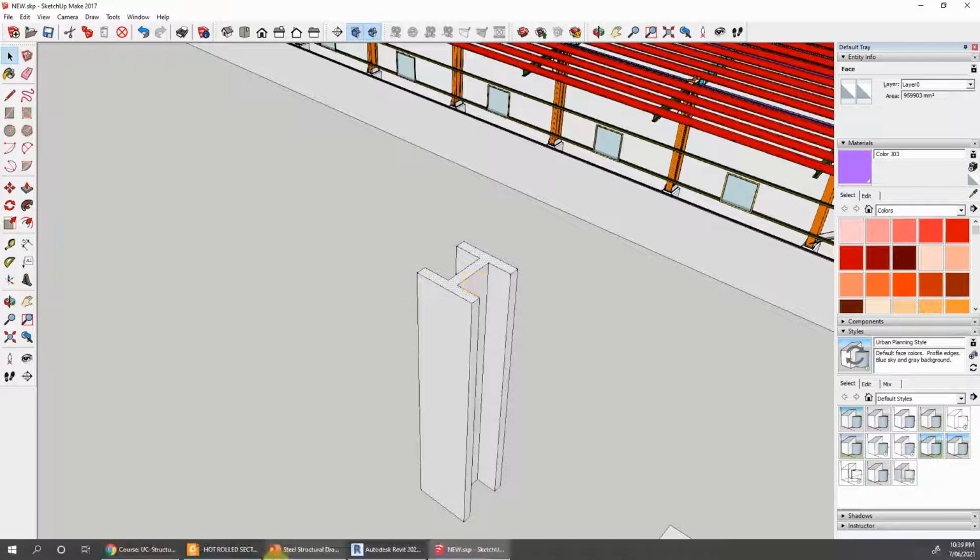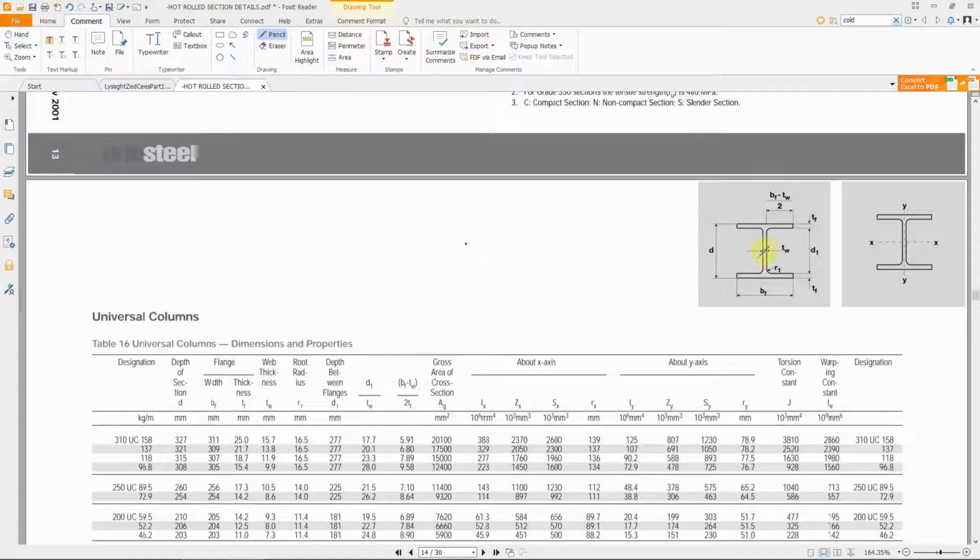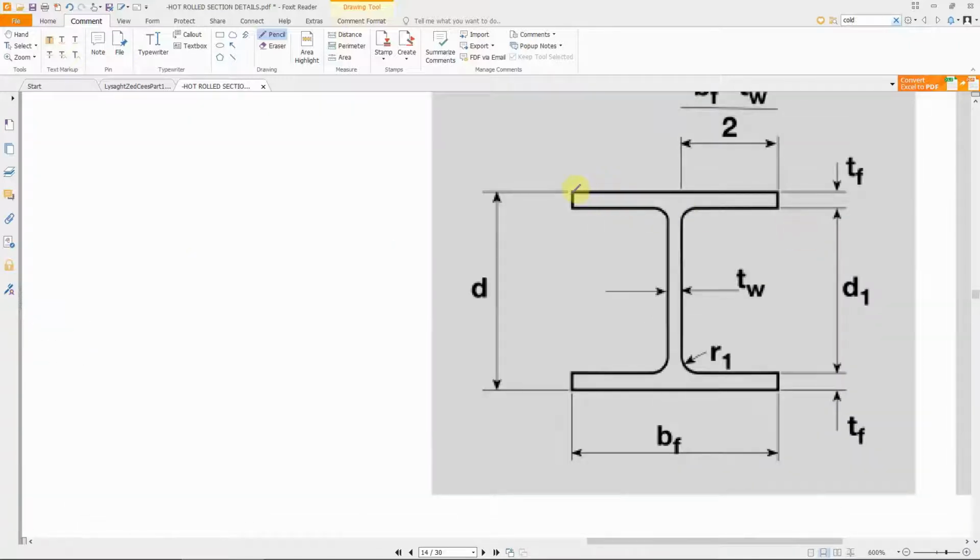Okay. Now, in terms of the components for each one of those, it's important to note that this part here, we always call the flange. These are the two flanges, the top, for example, here, and the bottom, and the same will apply for the universal beam. So the top plates here, we call them flanges.